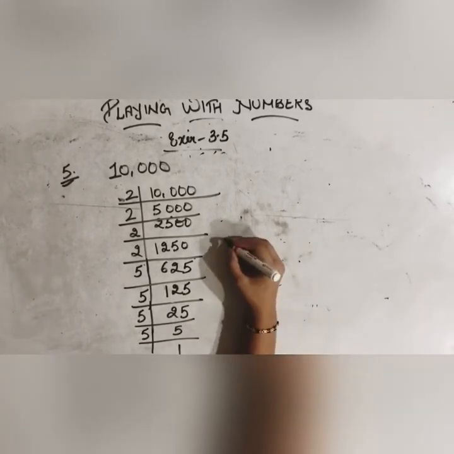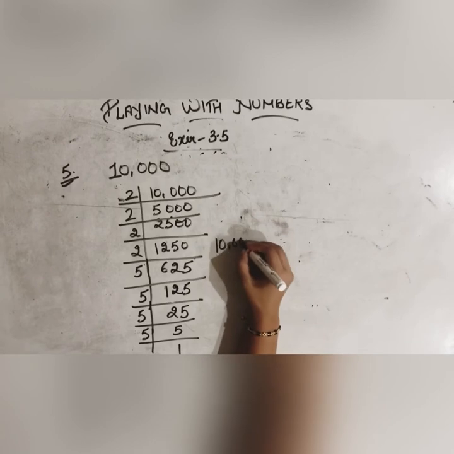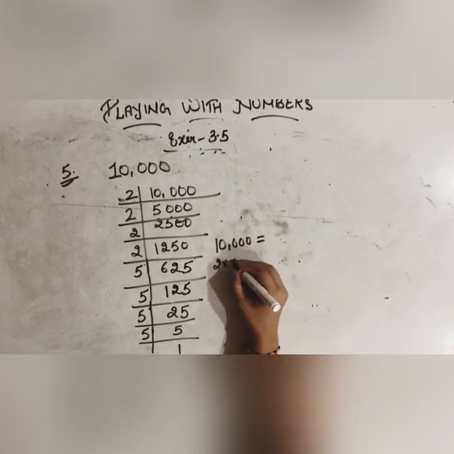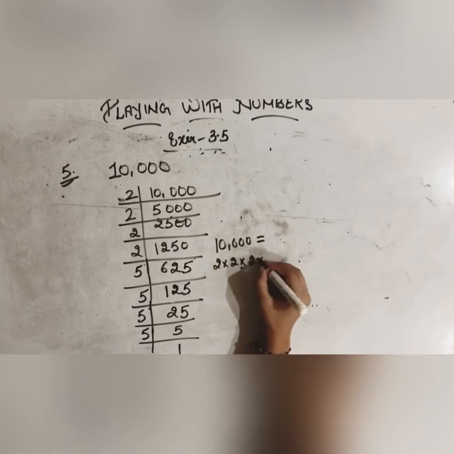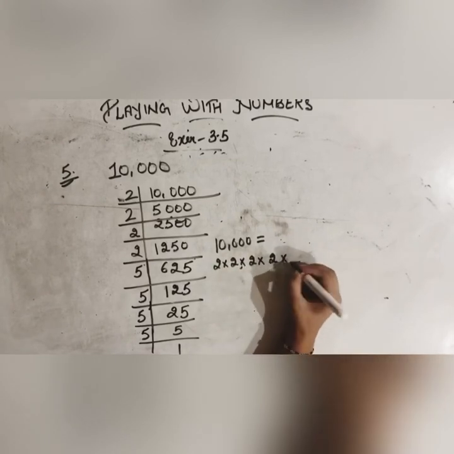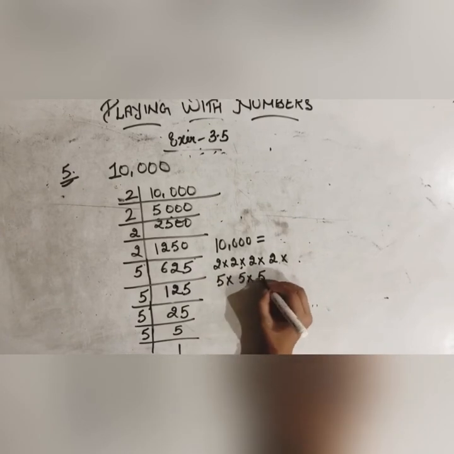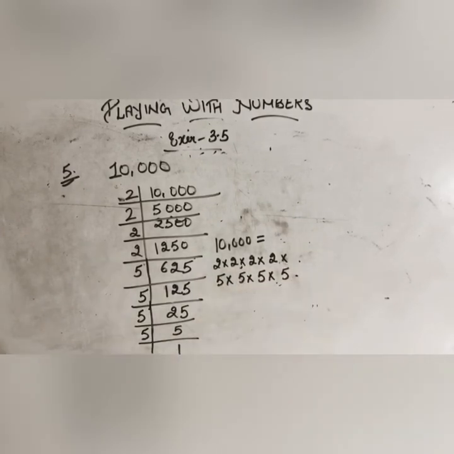So the prime factorization of 10,000 will be 2 into 2 into 2 into 2 into 5 into 5 into 5 into 5. This is the prime factorization of the smallest 5-digit number.